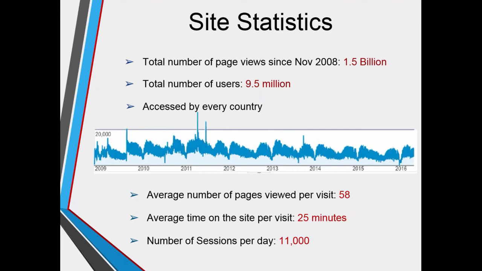When folks come to our site, they're there quite a while, and they do quite a lot. For example, on average they'll visit about 58 pages per visit and stay for about 25 minutes. And each day we have about 11,000 people arriving to our server to visit USA Learns.